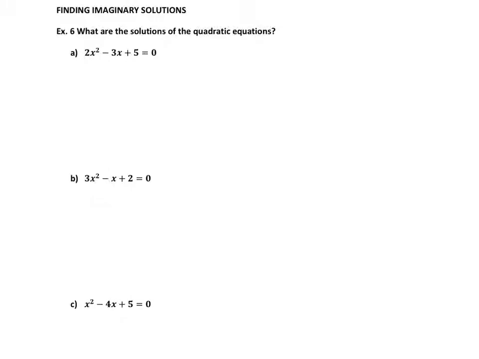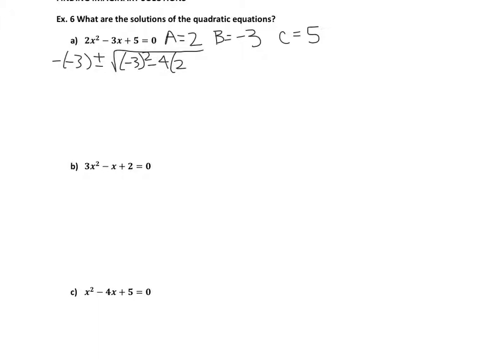Now, on these equations, you're going to use the quadratic formula, which is what we worked on last time. So you're going to identify what is A, what is B, what is C. We're going to plug it in. Negative 3 plus or minus the square root of negative 3 squared minus 4 times A times C, all over 2A.